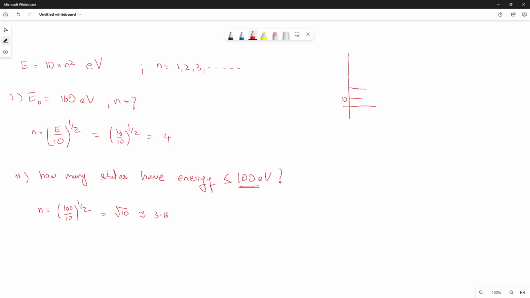And after that, what is the second energy level? Can you tell me what this is? Can you help me finish this graph? What will be the second energy level?